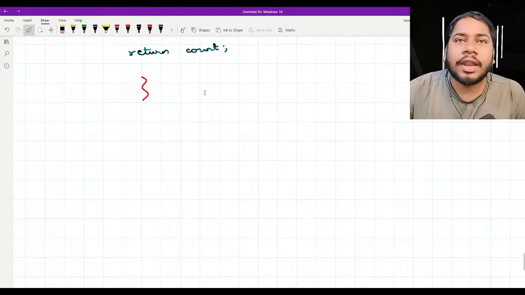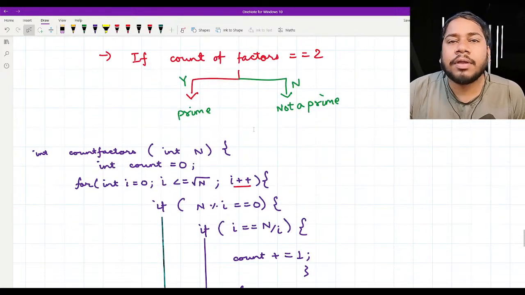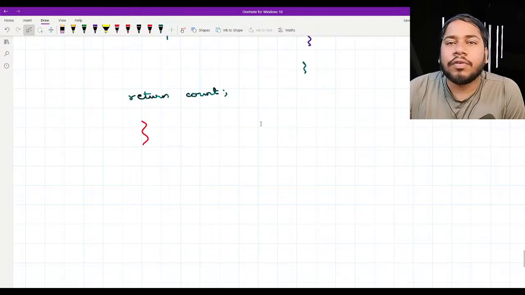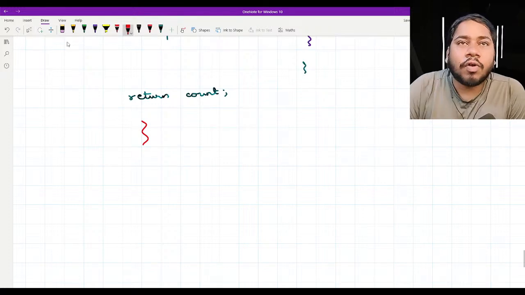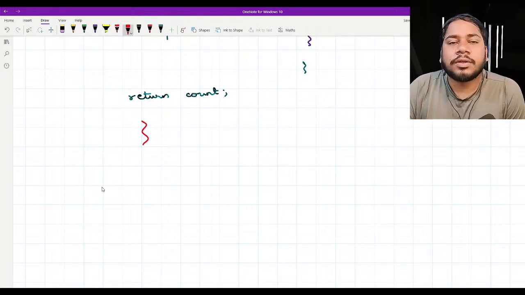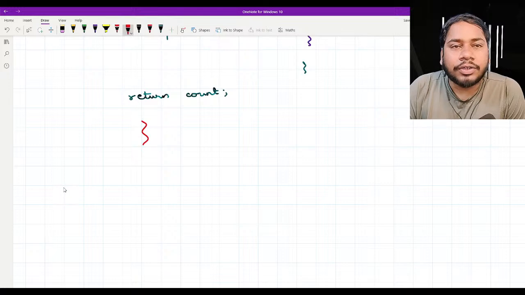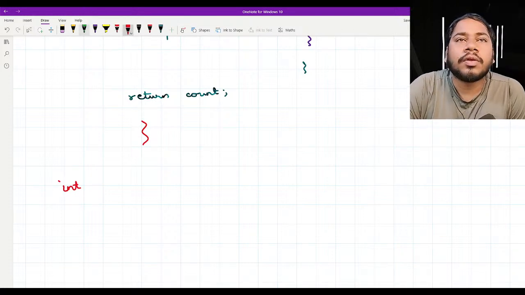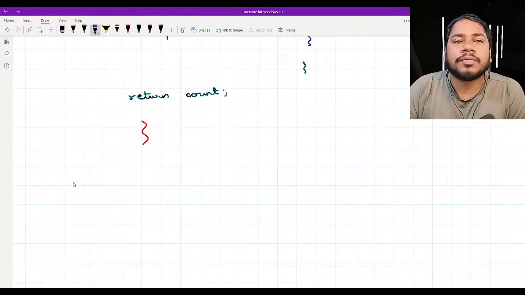This is a function, so from this we are getting the count. So we can just write a function that tells whether it is prime or not, so it will be Boolean.